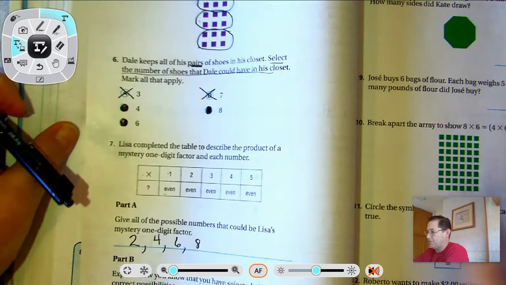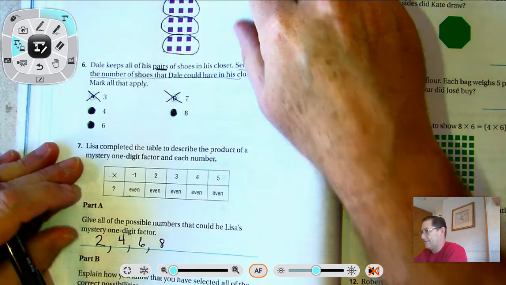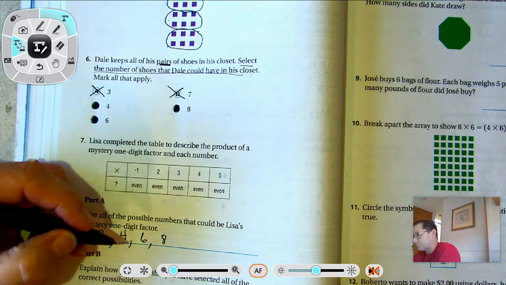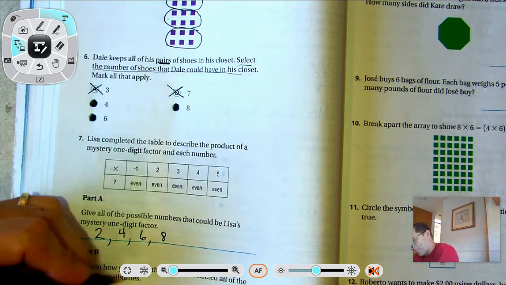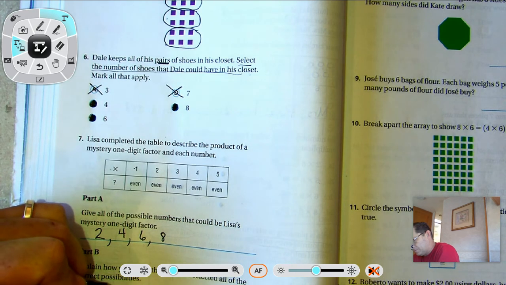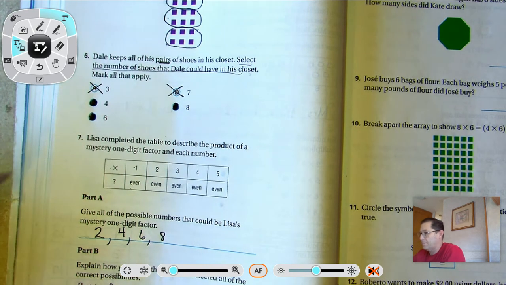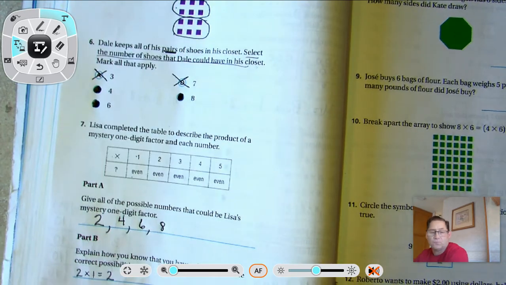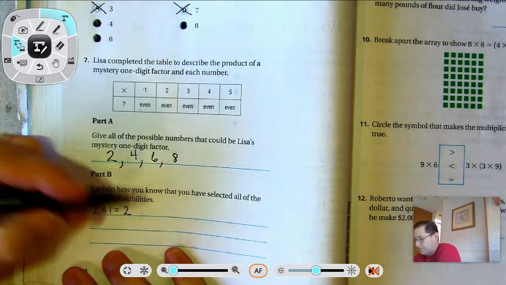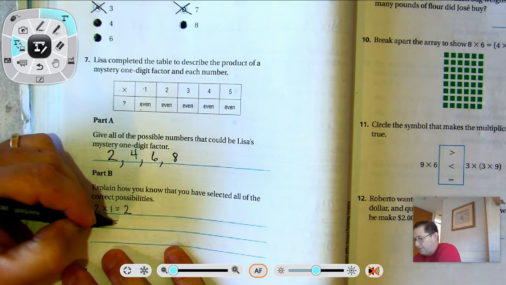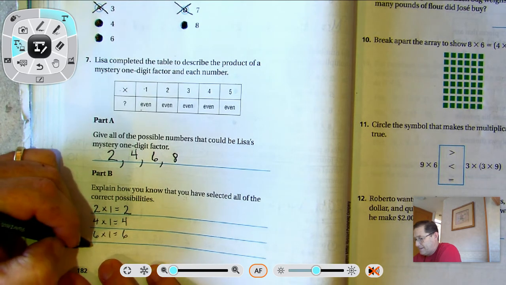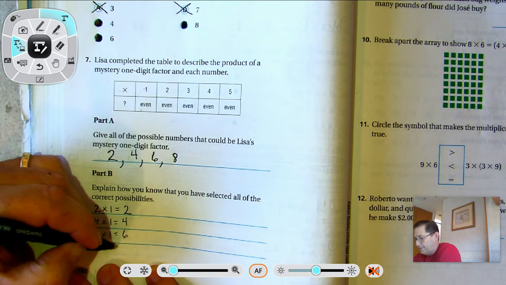Explain how you know that you have selected all the correct answers. 2 times 1 is 2. 4 times 1 is 4. 6 times 1 is 6. 8 times 1 is 8.